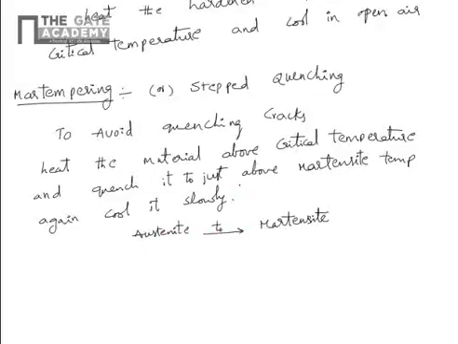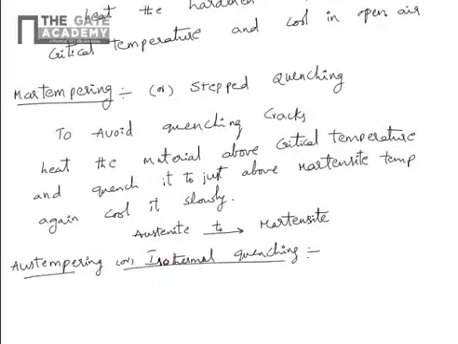Next one is austempering. It is also called isothermal quenching. Here, heat the material above critical temperature, quench just above the martensite temperature, and hold it at a constant temperature.